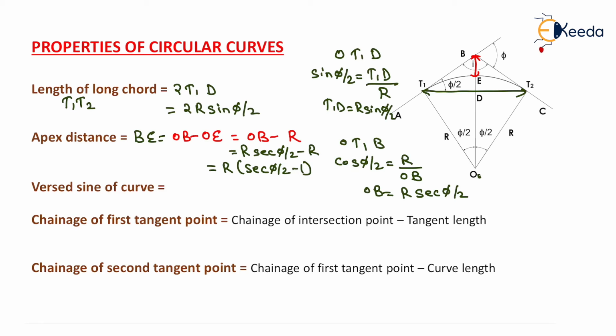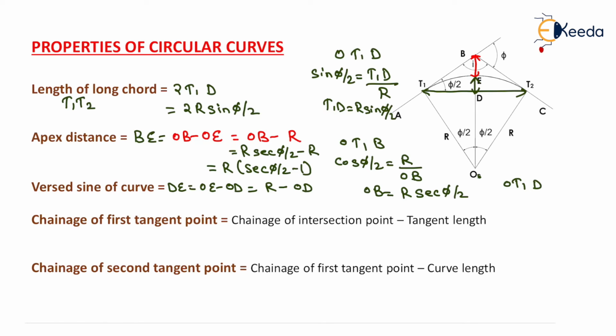Now we need to compute the value of versine, which is denoted by this distance, that is DE. Its value will be equal to OE minus OD. Now we know that the value of OE is R. Now we need to compute the value of OD, and the OD value can be computed from the triangle OT1D.